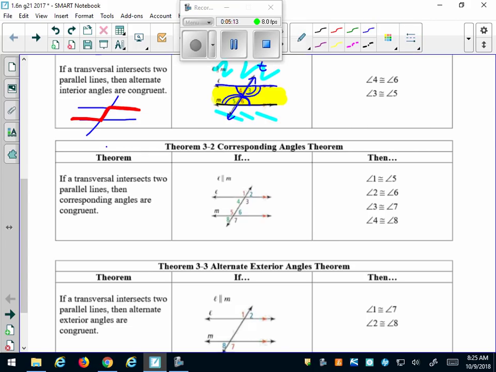This is the corresponding angles theorem. Corresponding angles refer to angles that are in the same position on one line, so let's say on line L versus on line M. Meaning, if I highlight this angle right here, and then slide that down into the same position on the other line, those are corresponding angles.